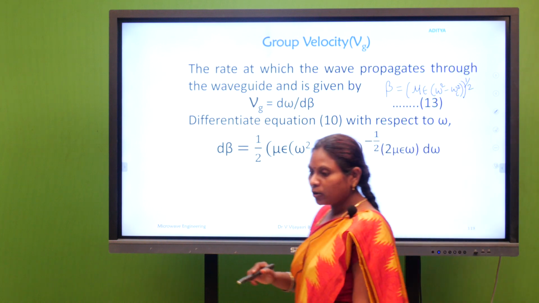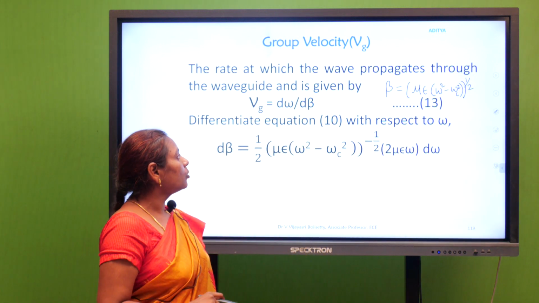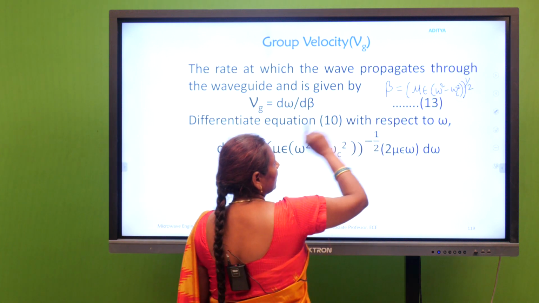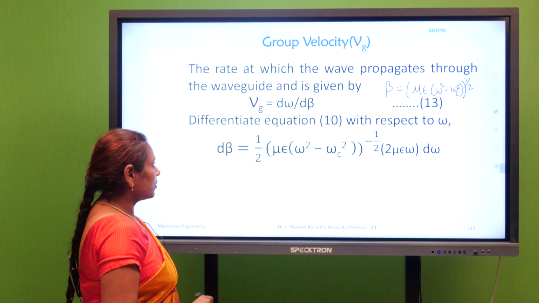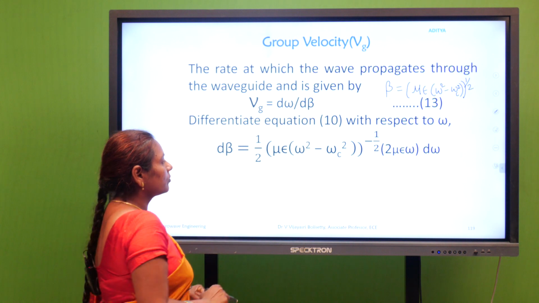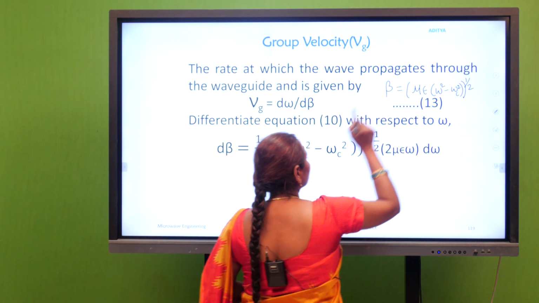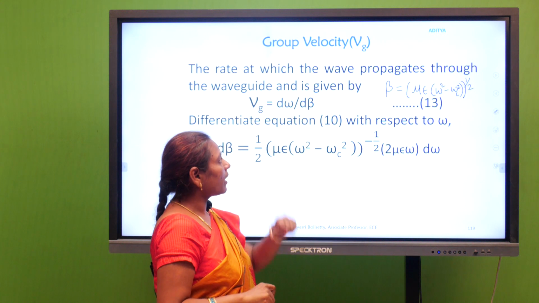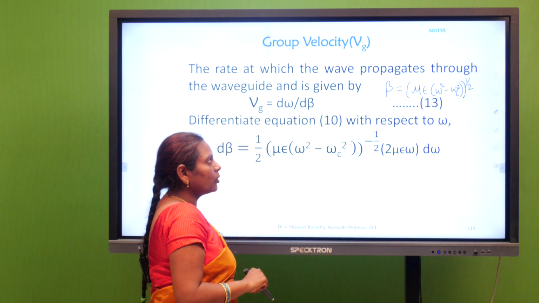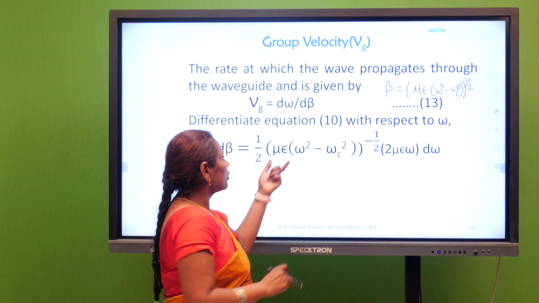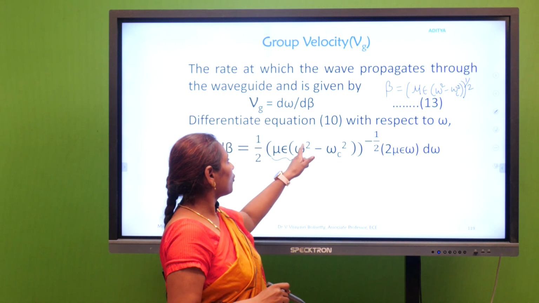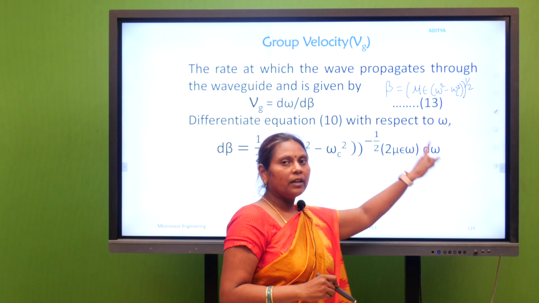That square root can also be expressed as whole power 1 by 2, and using this relation we differentiate this equation with respect to omega on both sides. So what we are going to get is d beta equal to 1 by 2 times this expression, mu epsilon omega square minus omega c square, whole power 1 by 2 minus 1, that is minus 1 by 2, and then the differentiation of this term: mu epsilon is constant and the differentiation of omega square is 2 omega d omega.